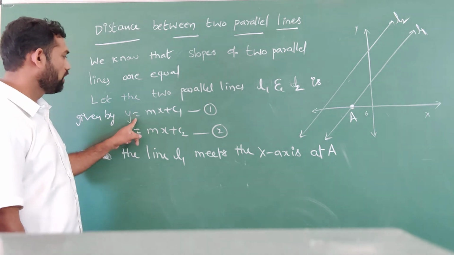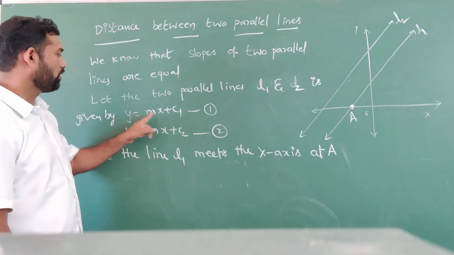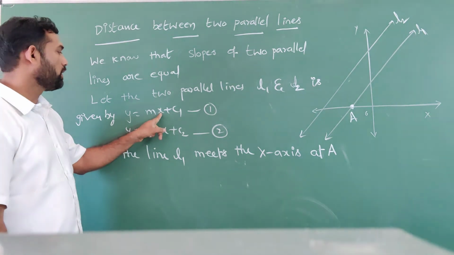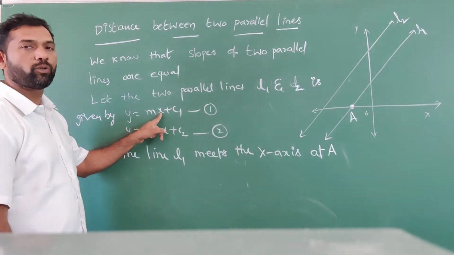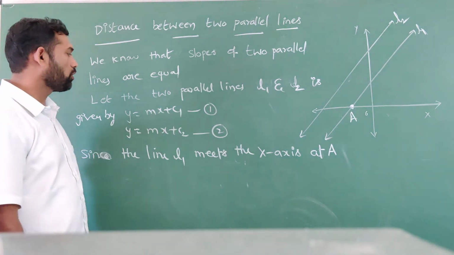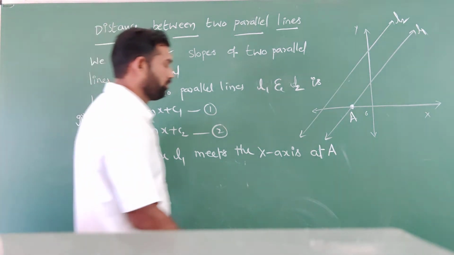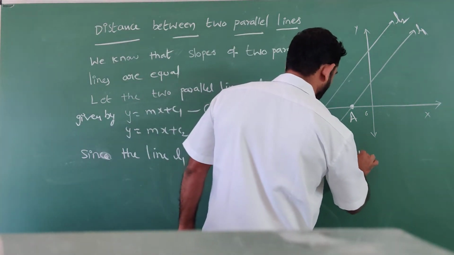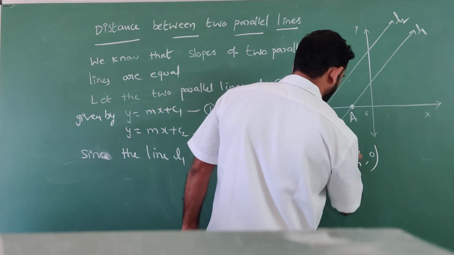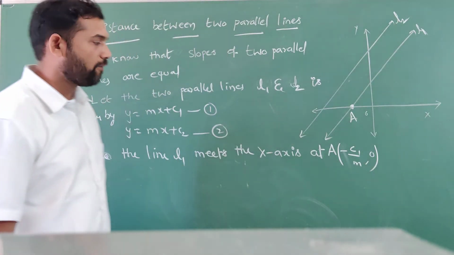In line L1, you substitute y is equal to 0. So what is the x coordinate? mx plus c1 is equal to 0, so x is equal to minus c1 by m. These are the coordinates of A: (minus c1 by m, 0).